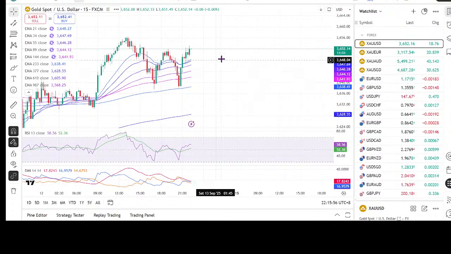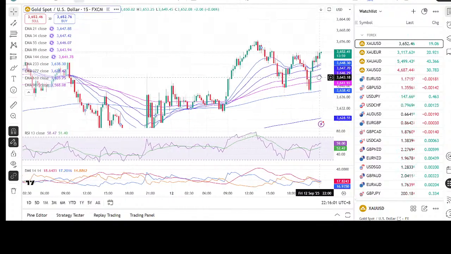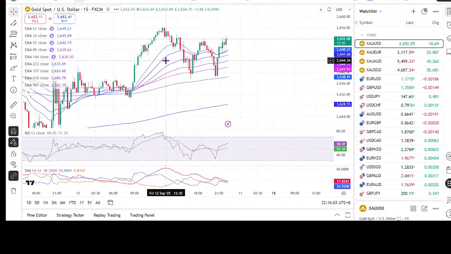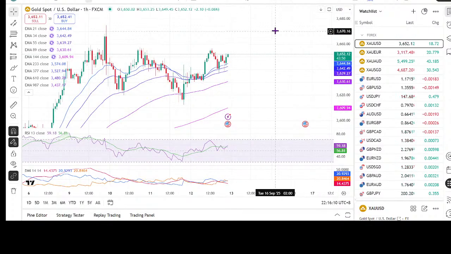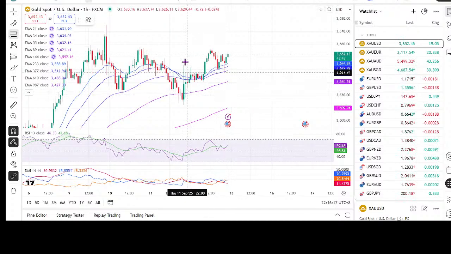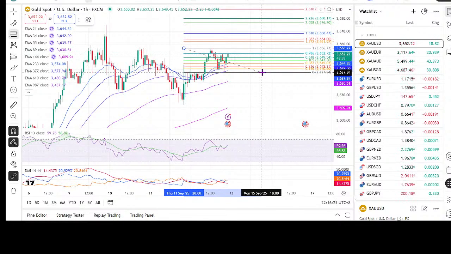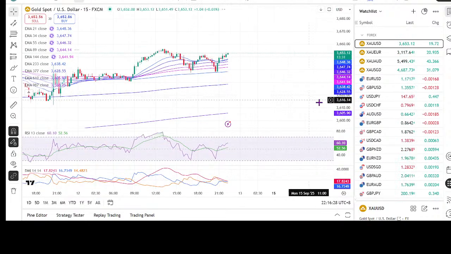Until now we have not seen the strength, and as far as this pattern is concerned, it looks like a butterfly pattern. If it is a butterfly pattern, then most likely we should see the price turning before 62 or 68.